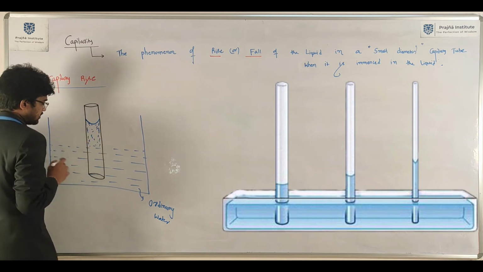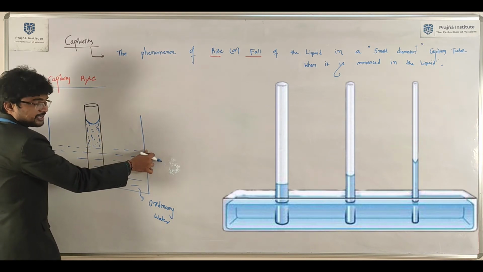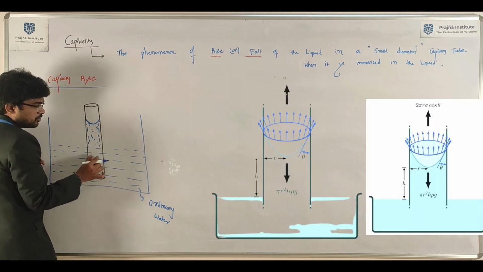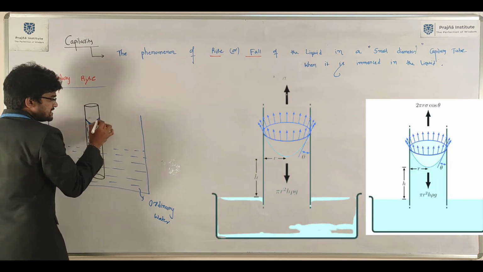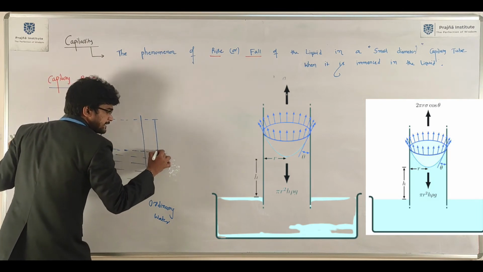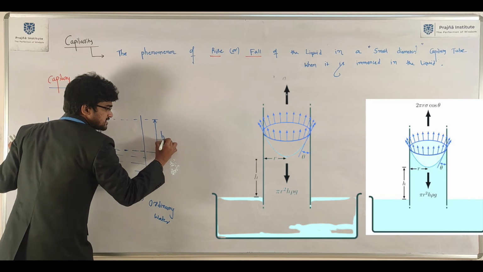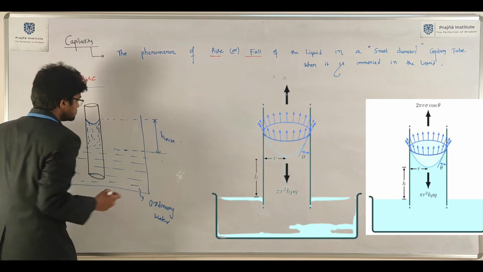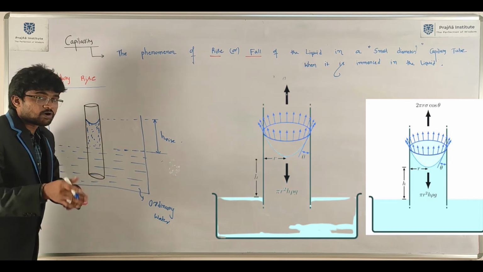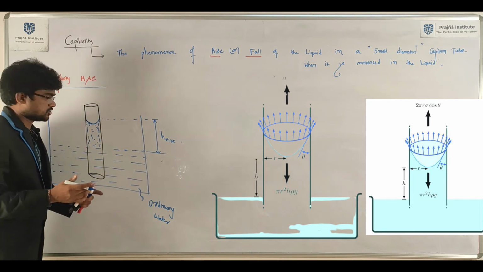Some liquid will come down, that liquid comes inside the tube, and you will see the rise of the liquid column in the glass tube, H rise. Water, ordinary water, in contact with the glass tube.